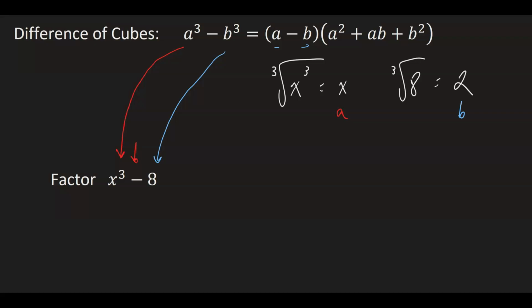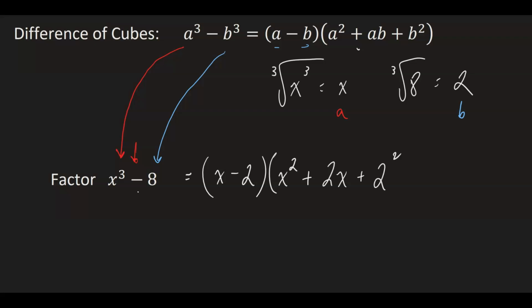And we are ready to fill in the rest, okay? So we first have the first factor here, a minus b, x minus 2. And in the second bracket, a squared, so that's x squared, plus, right, the opposite sign of that, a times b, which is 2x, plus b squared, which is 2 squared, or 4.